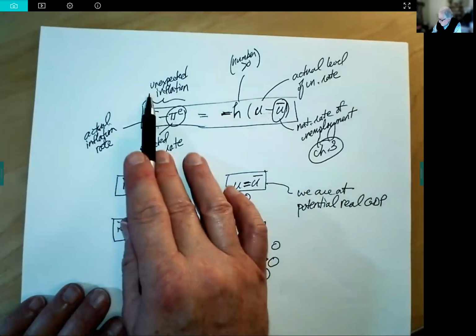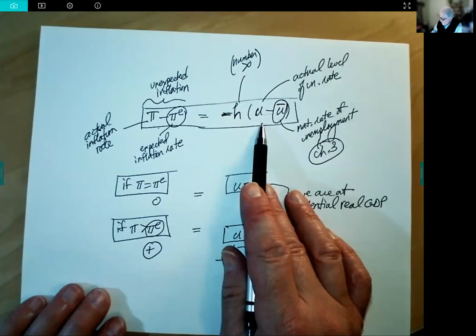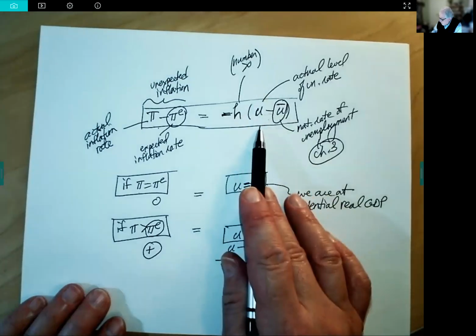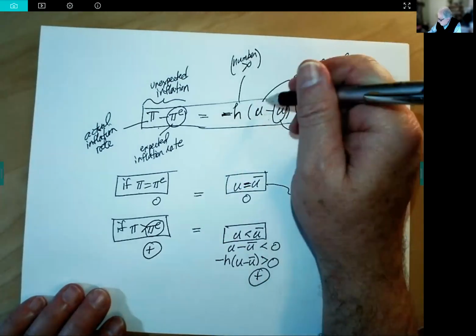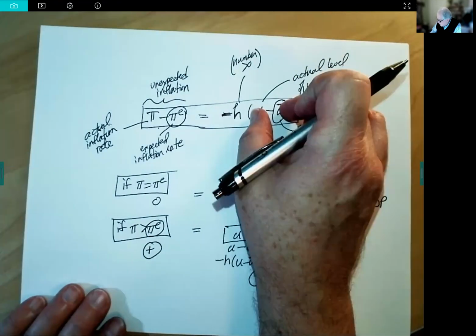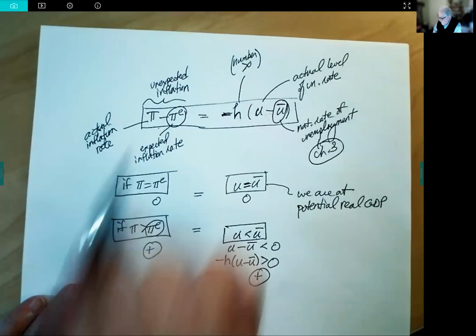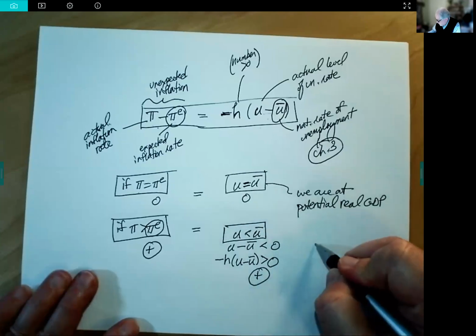The higher is the inflation rate, the bigger is this number, then the lower is going to be this number, because that makes this a bigger negative number, and the negative is a positive. Okay? And so that would be the Phillips curve idea.